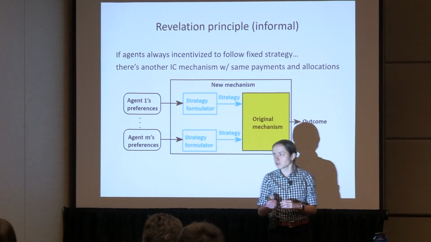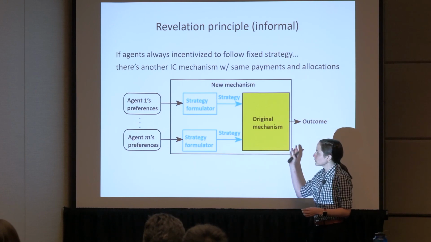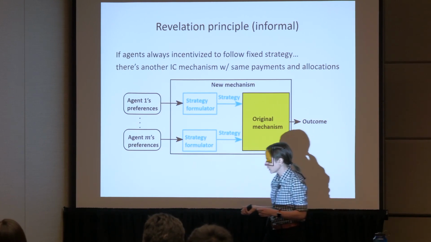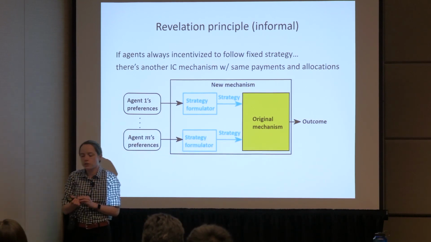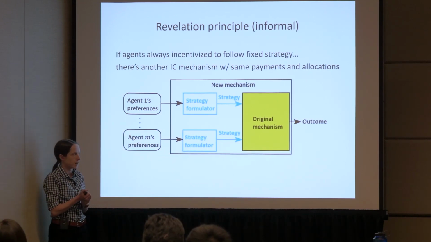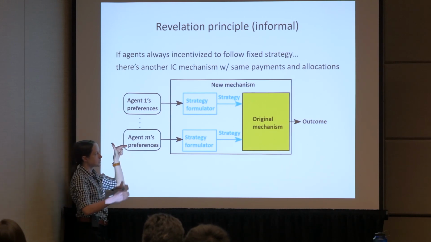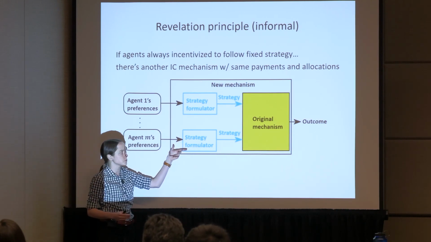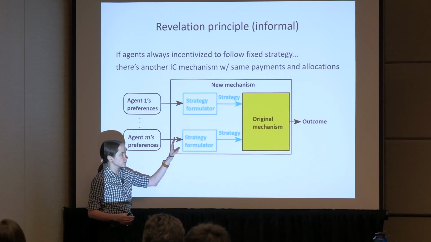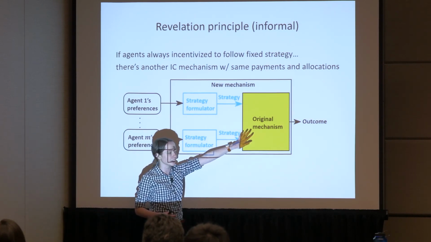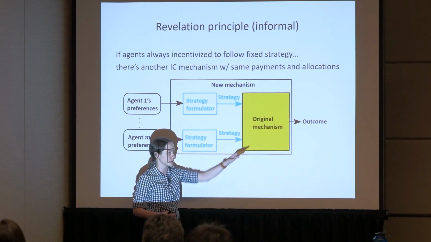So we've got this original mechanism where the agents are incentivized to follow some fixed strategy. And we're going to turn this into a new mechanism, which is incentive compatible. The way that we do this is we take the agents' preferences and we map them into some strategy formulator, the same strategy formulator formulating the strategy that the agents are incentivized to follow for this fixed mechanism.